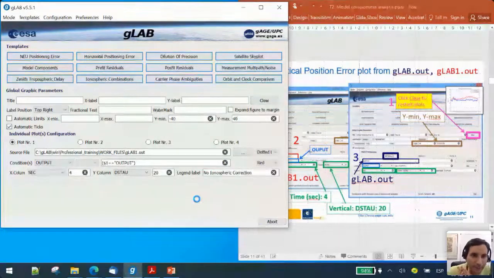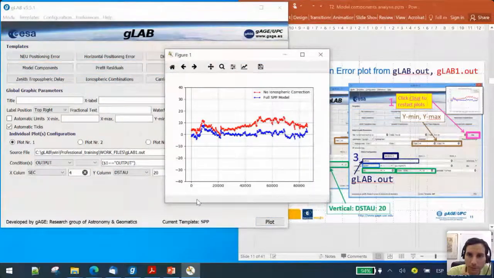So let's plot it. Let's see if we get the same plot. And this is the result, where we have the time series that we saw before.